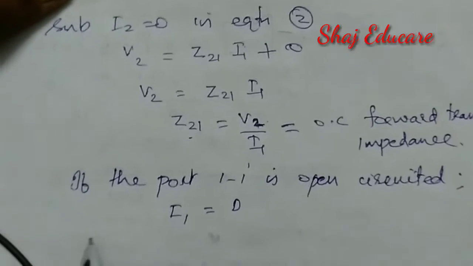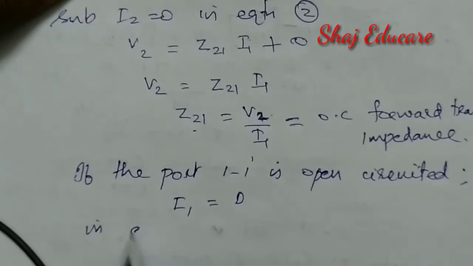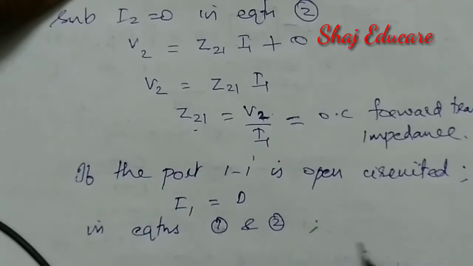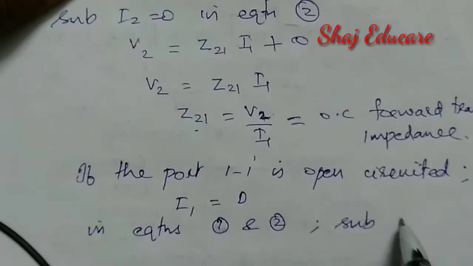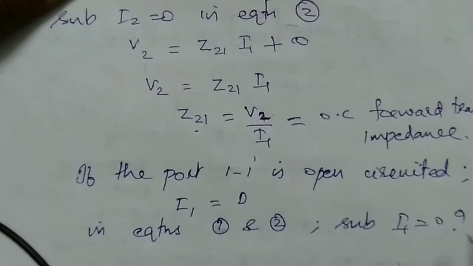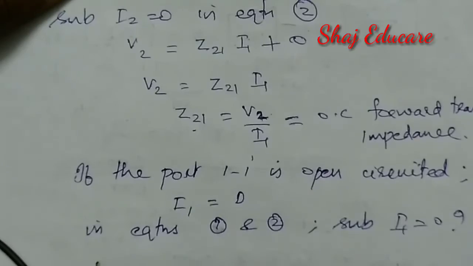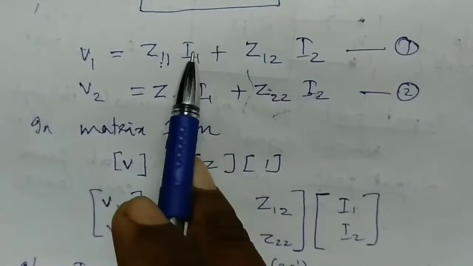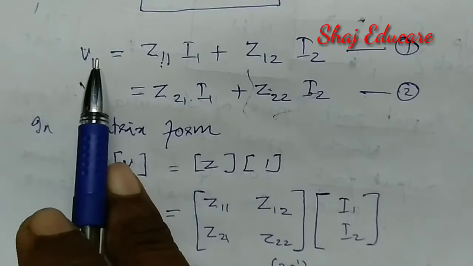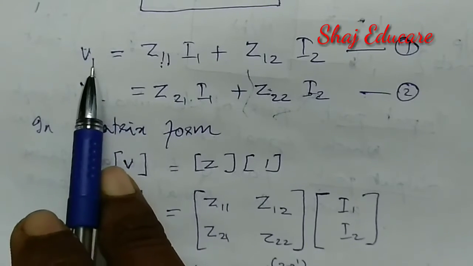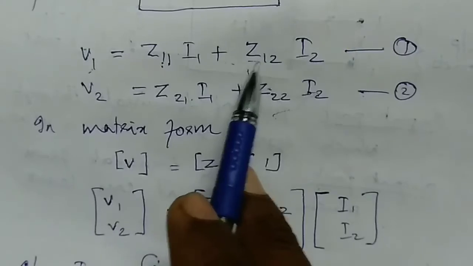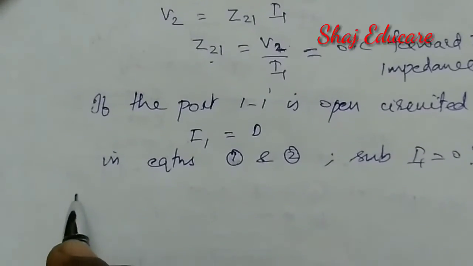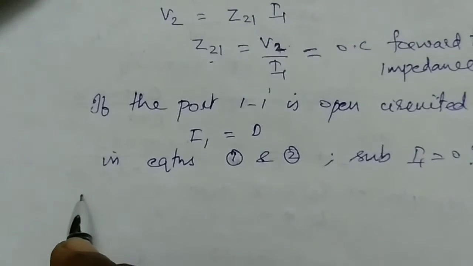So in equations 1 and 2, if we substitute I1 equal to 0, what will be? In equation 1, if we substitute I1 equal to 0, the remaining term will be V1 equal to Z12 I2. Now let us find each of them separately.